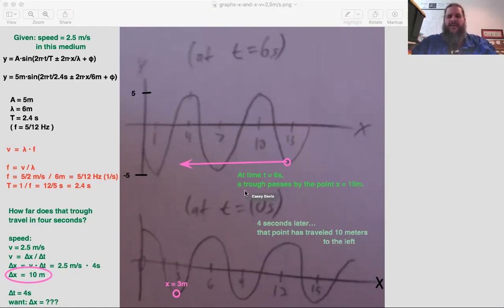And if you're not sure about the direction from the graph, you can mark out the 2 points in time we know. We can say that at time 6 seconds, the trough passes x equals 13 meters. And we can also say at time 10 seconds, the same trough passes x equals 3 meters.